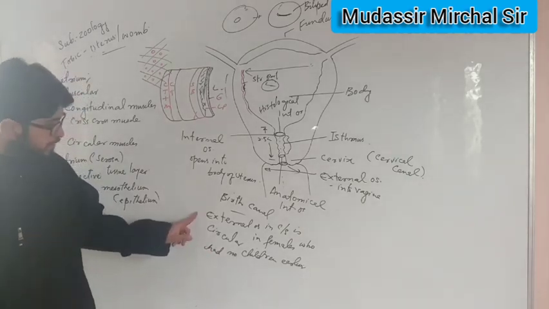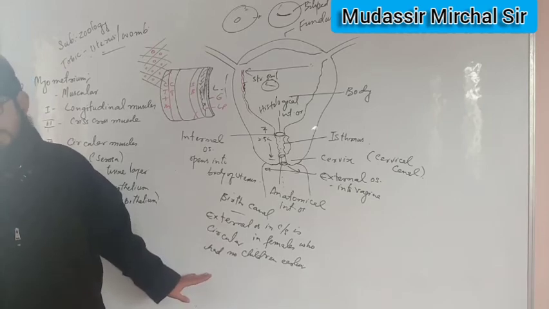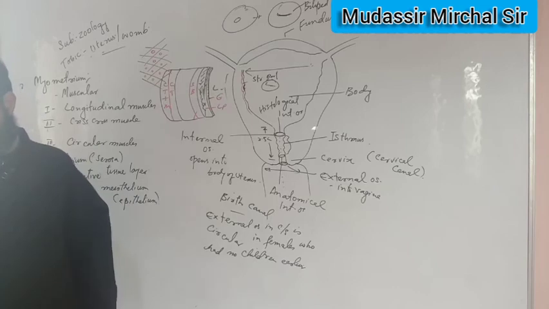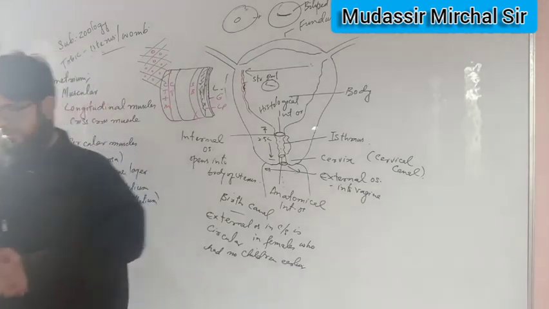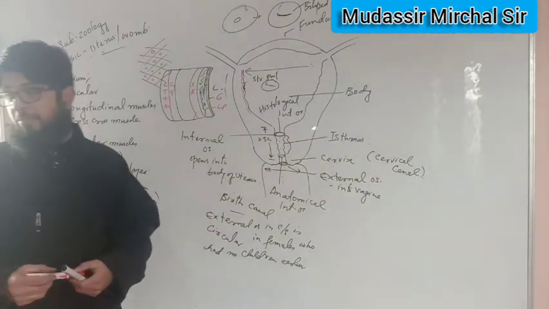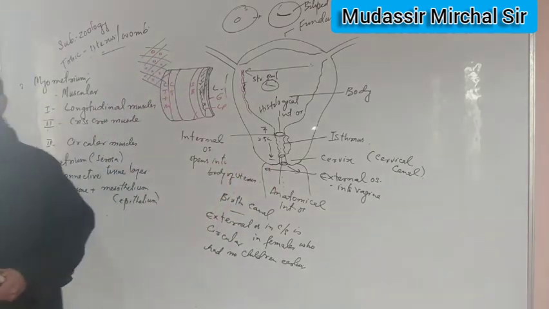So this is external os in cross section in the females who have not had children earlier. It is circular in cross sections. But in the females who have given birth to the young ones, it becomes a bilipid structure, upper and lower. Fine? Okay.